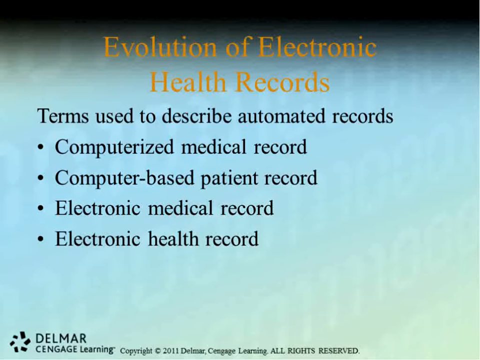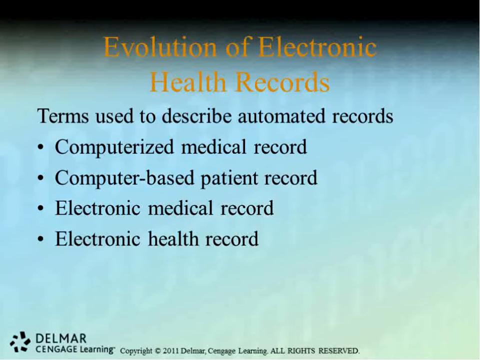Now, also around the late 1990s, there was an evolution in what we described as an automated record. So we went from a computerized medical record to a computer-based medical record, and then around the late 1990s, we start using the term electronic medical record, merging data from different data systems into one centralized database that we call a clinical data repository.